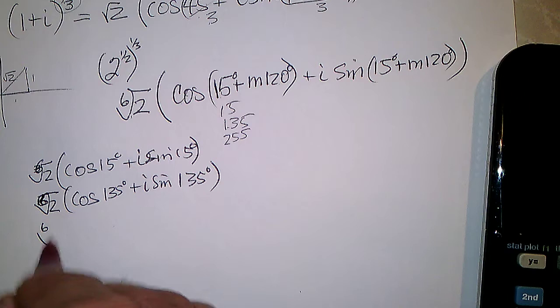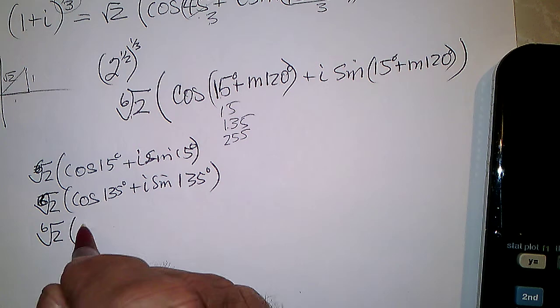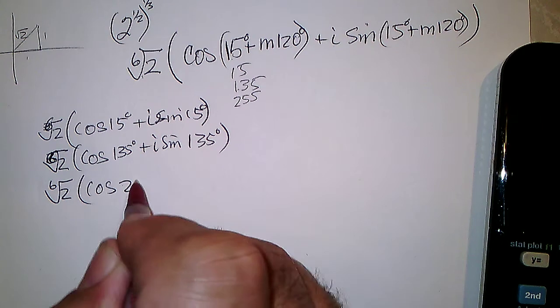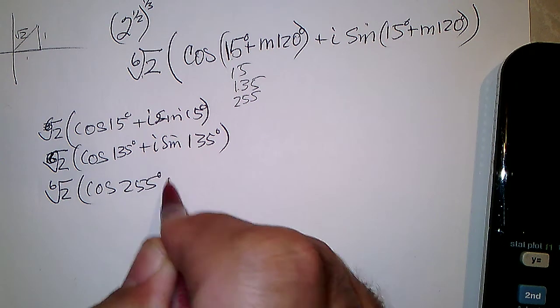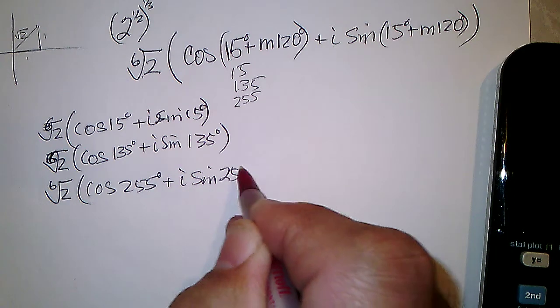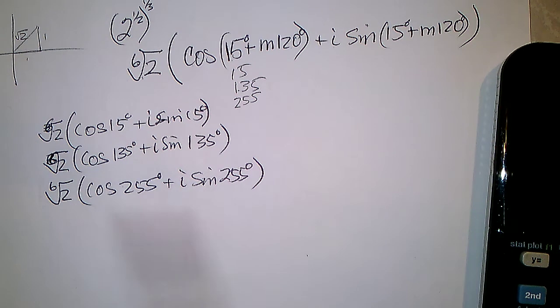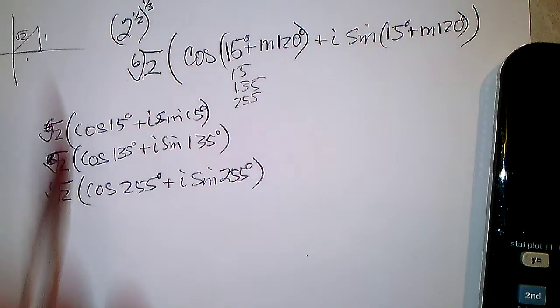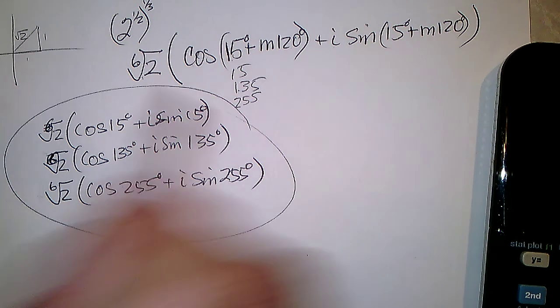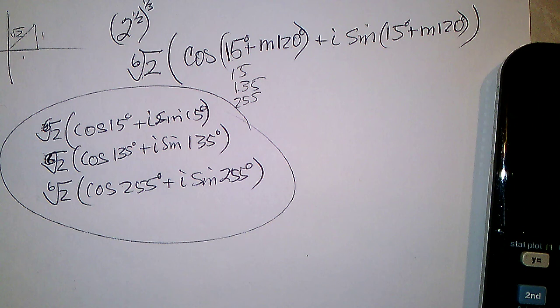And the 6th root of 2 times cosine of 255 plus I sine of 255. If I cube this, I will get 1 plus I. If I cube this, I'd get 1 plus I. There are the 3 cube roots. I didn't change them back to rectangular, but close enough.